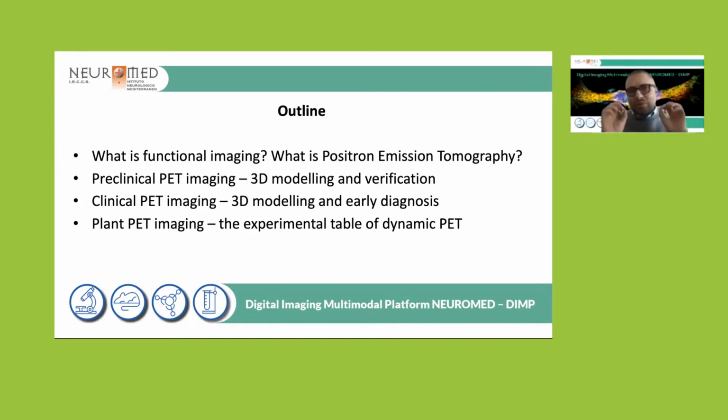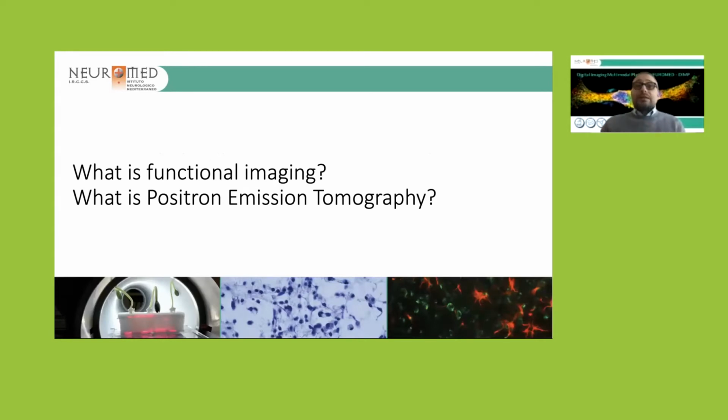I will only introduce these few concepts I will need later to introduce the 3 following blocks of the webinar, which are preclinical PET imaging for 3D modeling and verification, clinical PET imaging, 3D modeling and early diagnosis, and finally, plant PET imaging, which I think is the experimental table of dynamic PET. So if you're ready to make this short trip with me, then let us start.